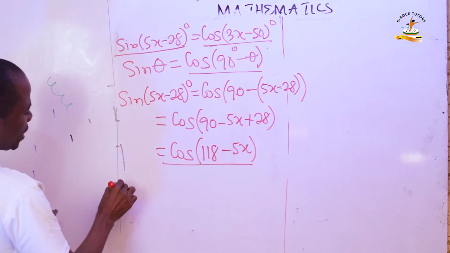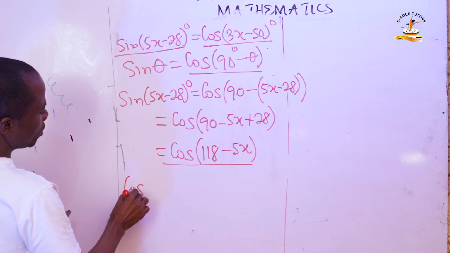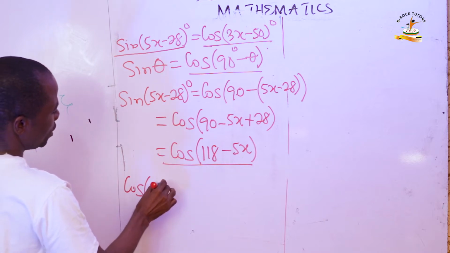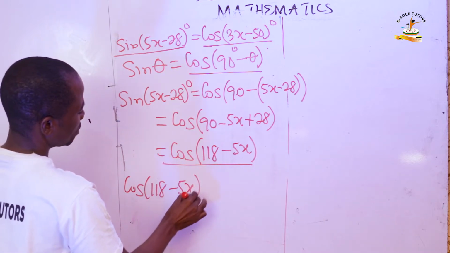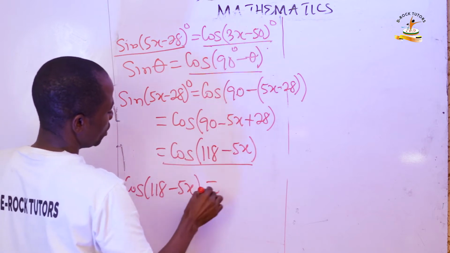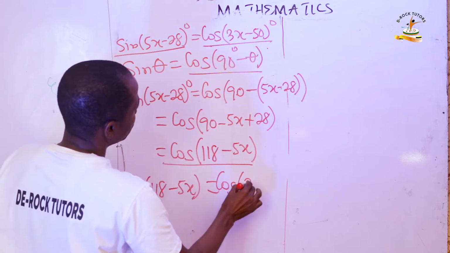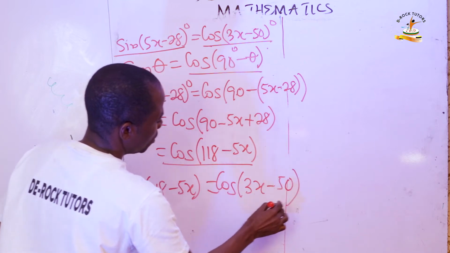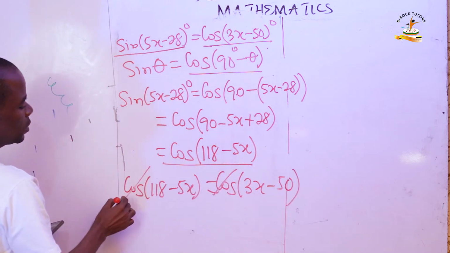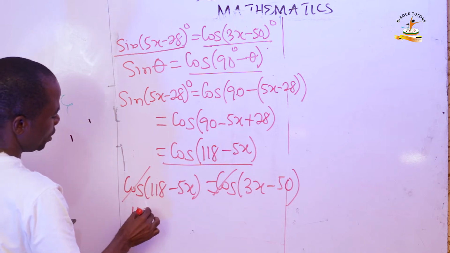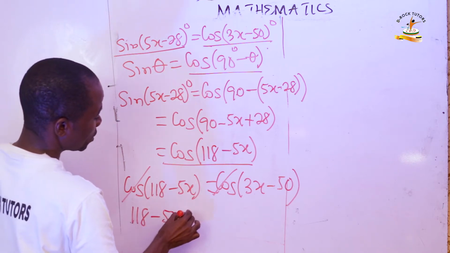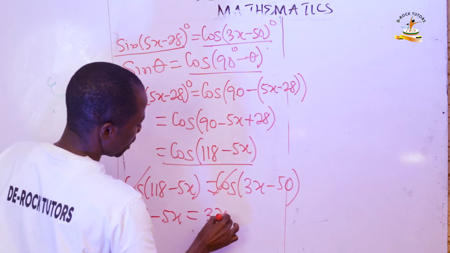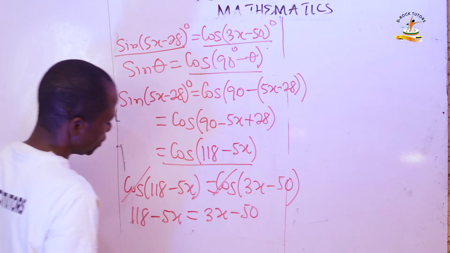So you can now have it as cos of (118 minus 5x) is equal to, then we equate it with this, cos of (3x minus 50). So we cancel cos, then 118 minus 5x is equal to 3x minus 50.